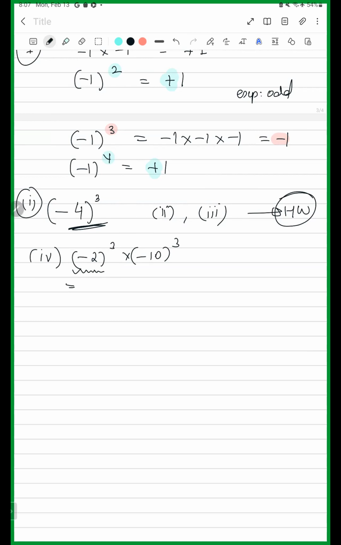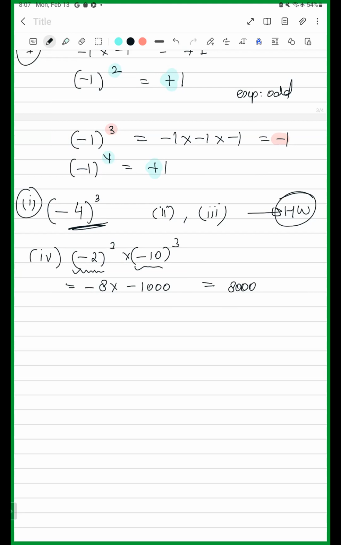So -8 multiplied by 1000, what is it? Negative 1000. Very good. So now again, what will this final answer be? Positive 8000. Very good. You can do the rest of it as homework. The eighth question is omitted.